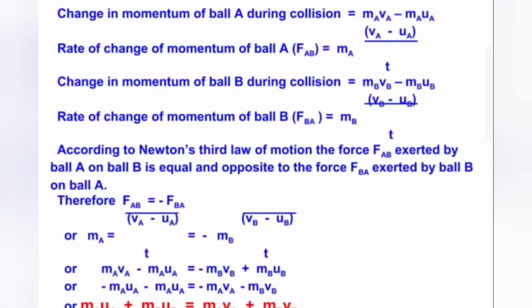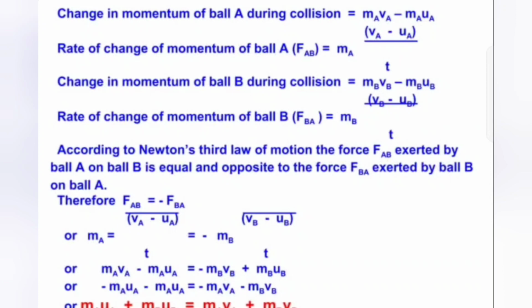Change in momentum of a ball during collision. What is happening? mAvA minus mAuA. Rate of change of momentum, t will come, so mAuA by t. So according to that, mAvA minus mAuA equals mBuB minus mBvB, or mAuA plus mBuB is equal to mAvA plus mBvB.